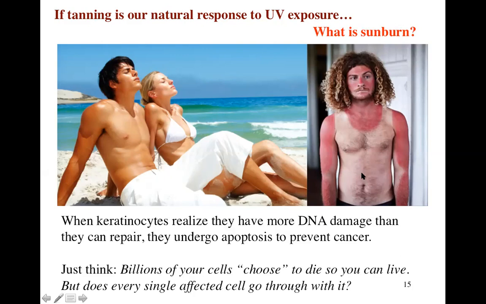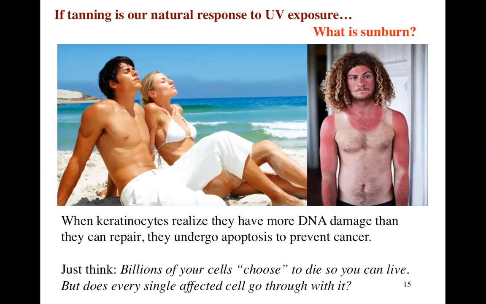It turns out that when keratinocytes realize that they have way more DNA damage than they can repair, they have to do the right thing. They can't fix themselves, so they undergo apoptosis. That's when p53 pushes the nuclear button, so the cell undergoes apoptosis.